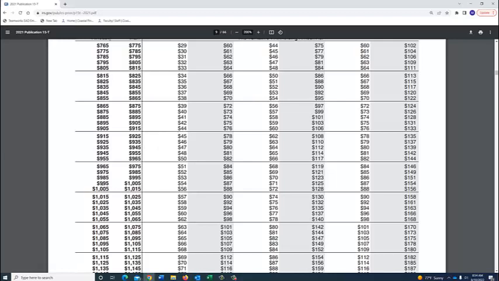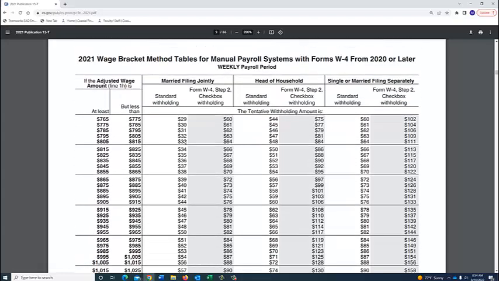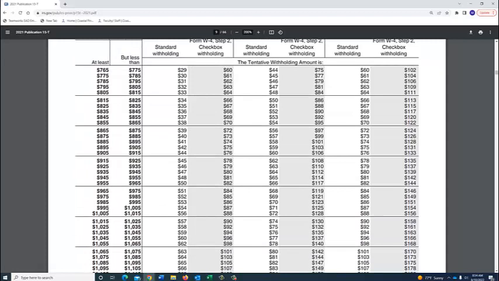Okay, that will be between the $995 and the $1,005. We remember that she did check box 2, and we will be under the married filing jointly column. So if we go over to the second column under the married filing joint column, then we see that her withholding is $87 a week.